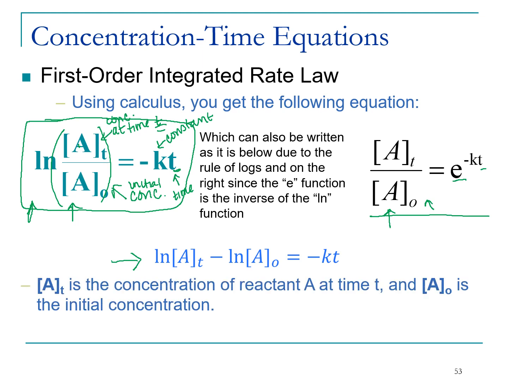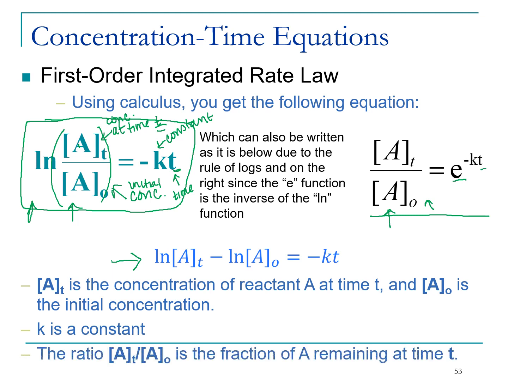Again, [A]t is the concentration of the reactant at a particular time, t. t is the time, and [A]0 is the initial concentration. And k is just our constant. Sometimes you just want to know what is the fraction, how much is remaining at a certain time.